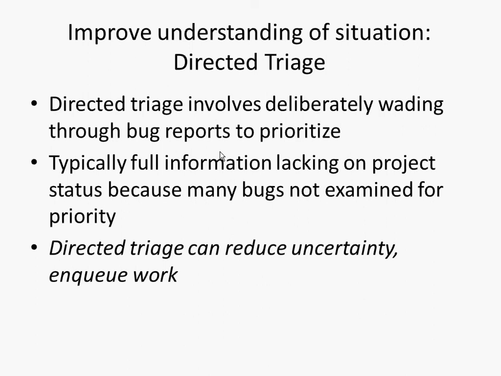So directed triage is something that I would hope you're going to occasionally do with your projects. Maybe it doesn't require anything more than a group discussion because the bugs are all in people's heads. But I'm hoping that if you folks are using Jira and Trac well in this class, you'll actually have a set of bugs you can wade through like this, and then you figure out, okay, are we in pretty good shape?